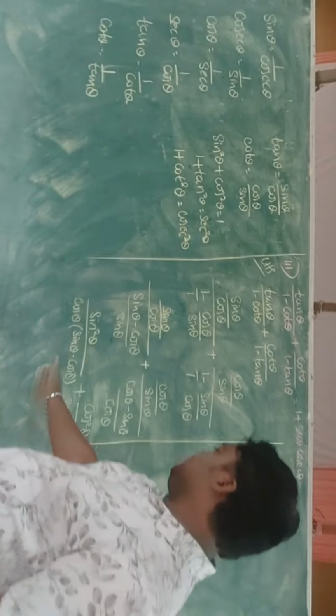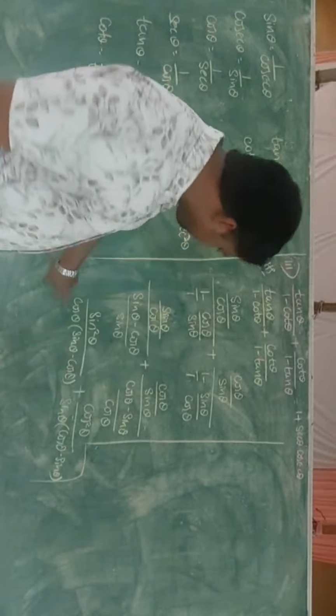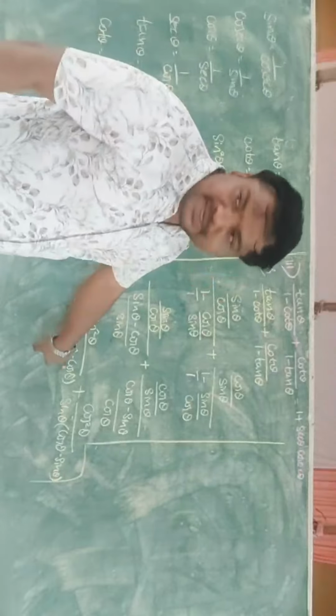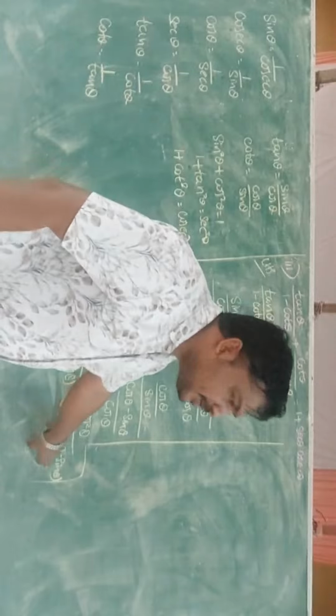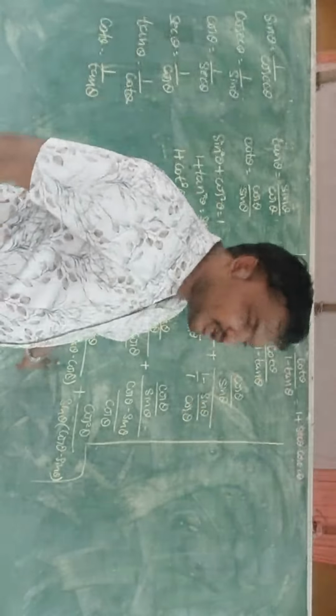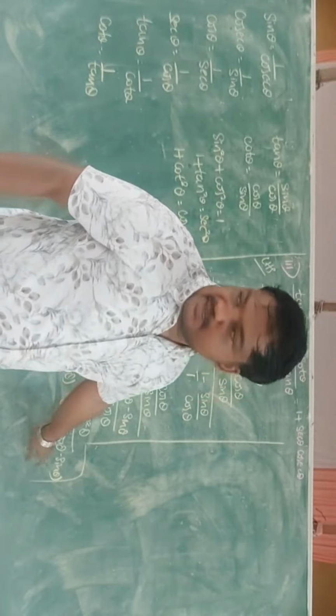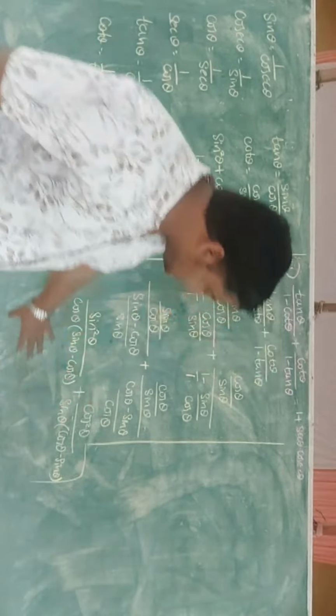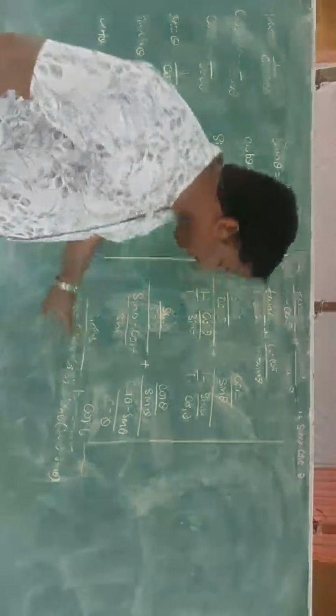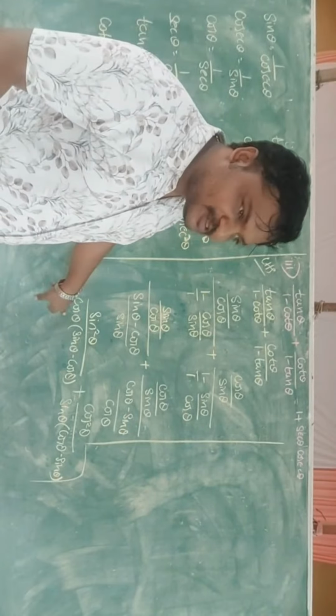See here, sin square theta upon cos theta into bracket sin theta minus cos theta, and cos square theta upon sin theta into cos theta minus sin theta. Here it is sin theta minus cos theta, here cos theta minus sin theta. The terms are not the same, so make them the same. If you take LCM, it again becomes complex. So take the minus sign common here, and make cos theta minus sin theta into sin theta minus cos theta.